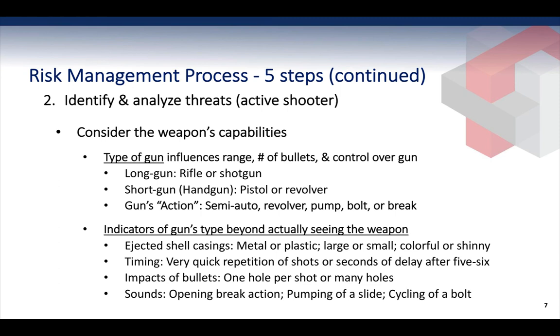The colorful plastic shells are more likely to be shotgun shells. The timing: very quick repetition of shots versus seconds of delay between 5 or 6 shots. The timing would indicate that it's a semi-auto if it's very rapid, or possibly a revolver, or a pump or bolt action if it's 5 or so shots between reloading.